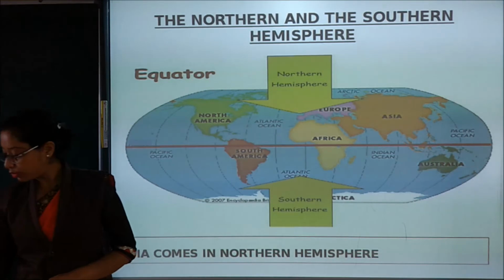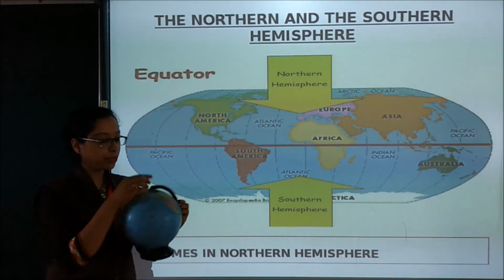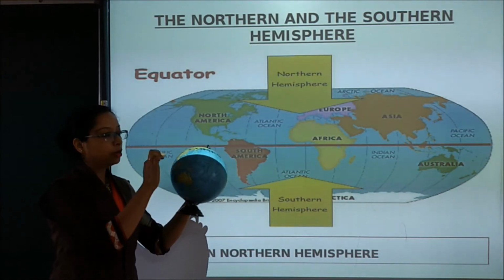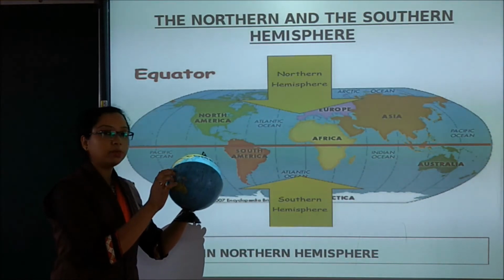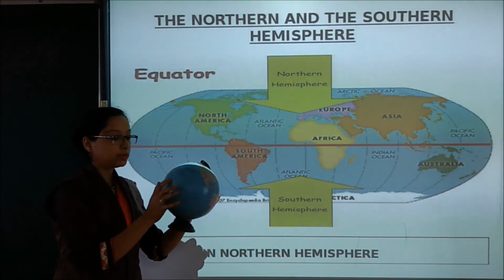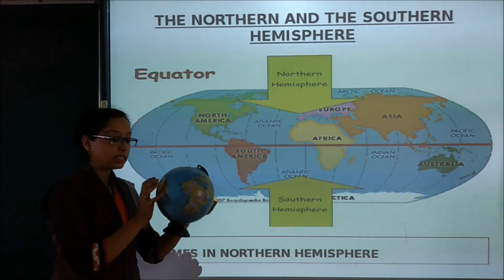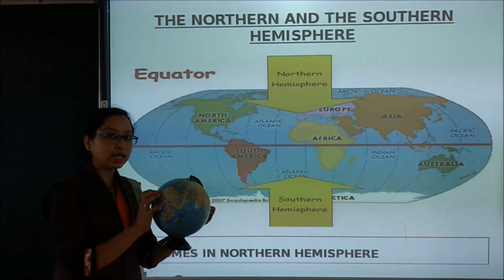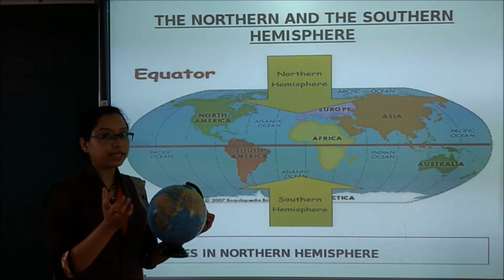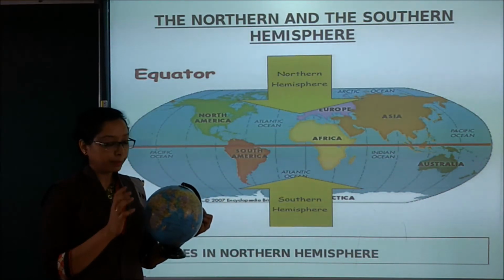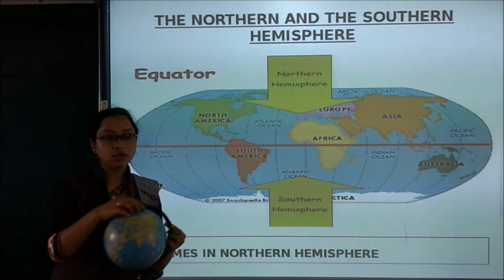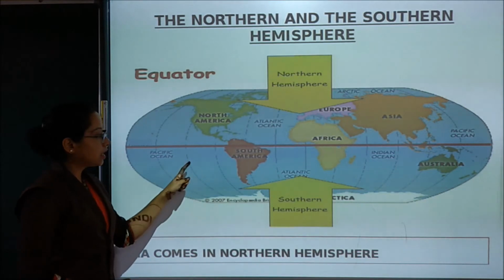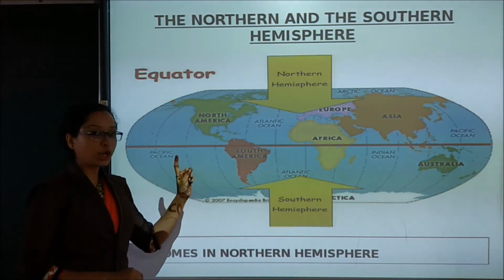Like on the globe also you can understand that midway between the poles is an imaginary line which is circling the earth. It is called the equator, and these are all imaginary lines. They are not real but they are imagined to study about the earth. So this line is called the equator.